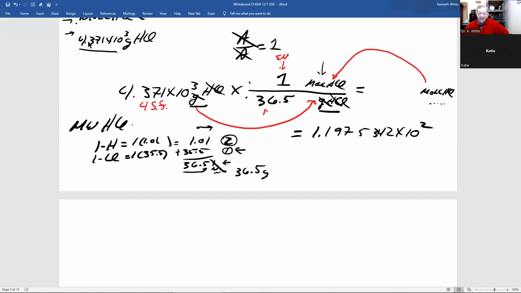And this has 3 significant figures. What's the lowest number? This. So now you have to round off to 3 significant figures. Because on test number 2, I'll say, please use proper significant figures for all calculated answers. If you don't, I take off a point.